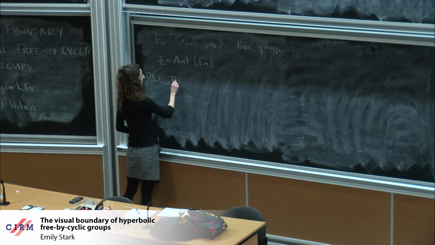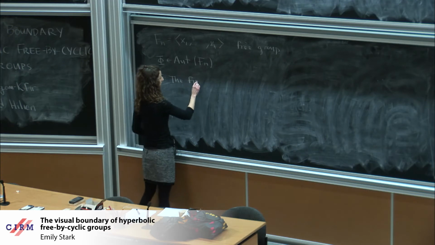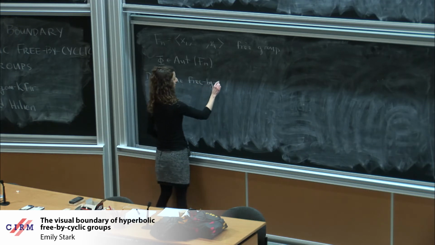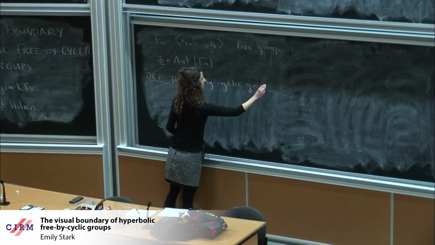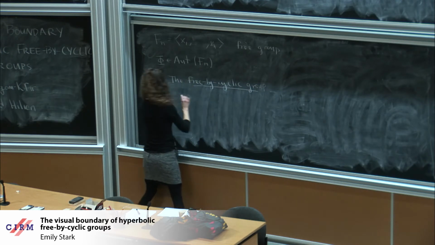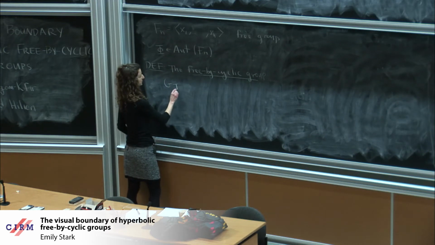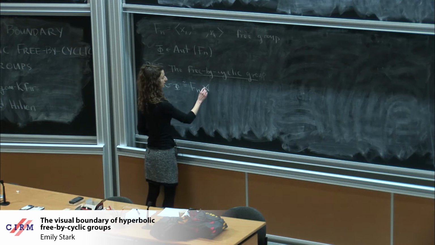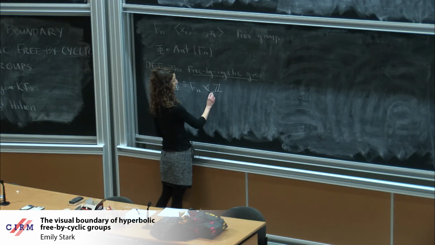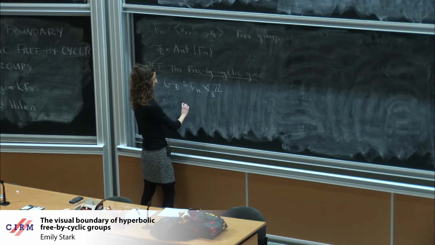Then define the free-by-cyclic group G phi to be the semi-direct product of the free group with the integers defined with respect to this automorphism.